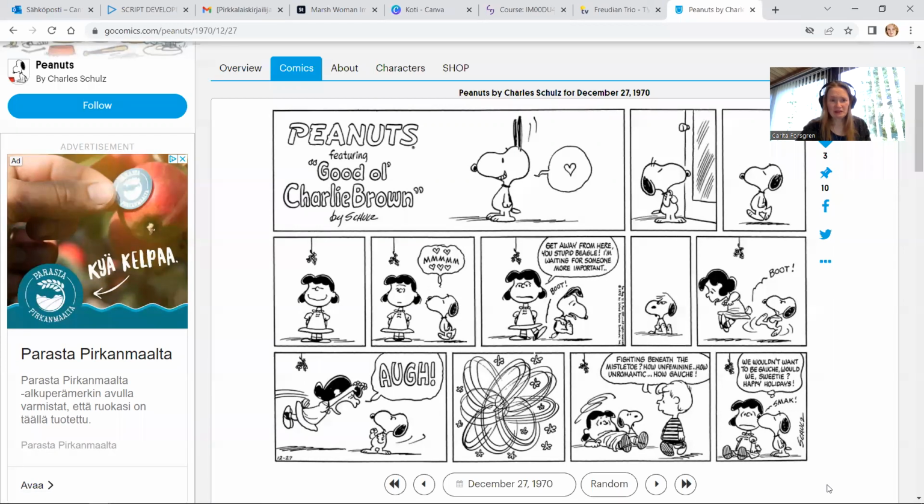Many of these strips don't have a definite end, because this is an ongoing series. So all the relationships are in a dynamic at all times.